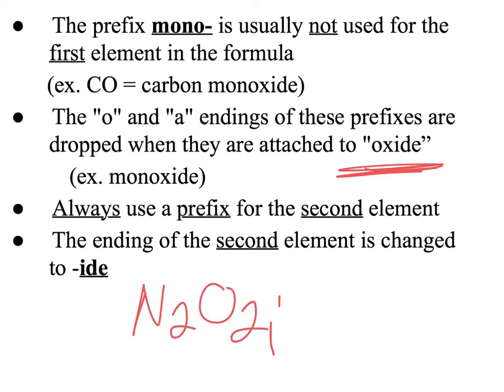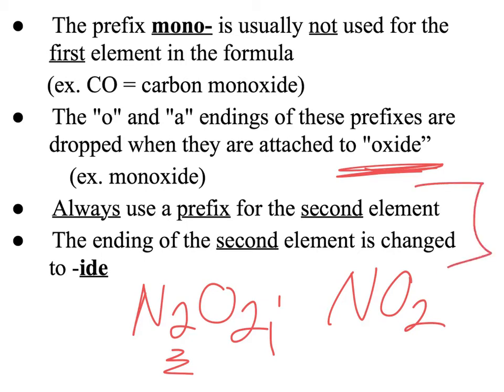This would be dinitrogen dioxide. But this would be nitrogen dioxide. We always use a prefix for the second element no matter what. We change our ending to IDE just like we always have.